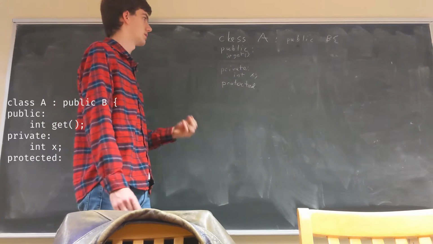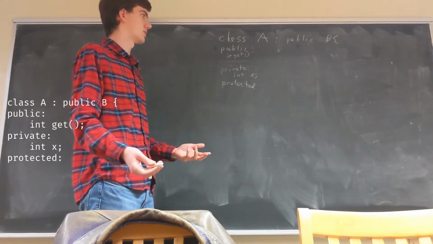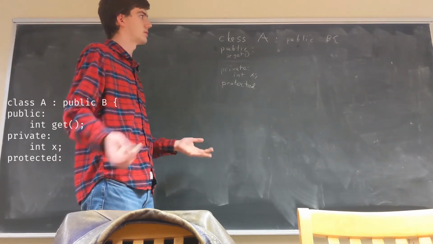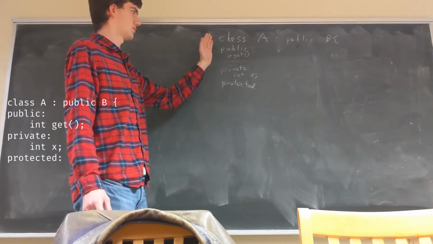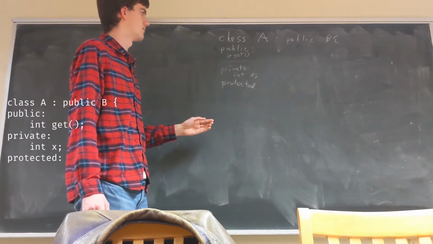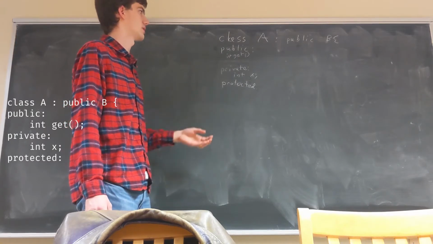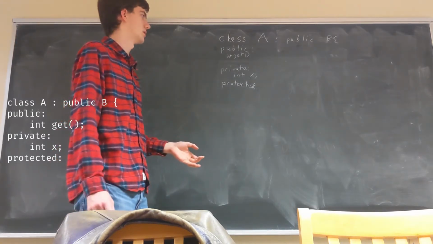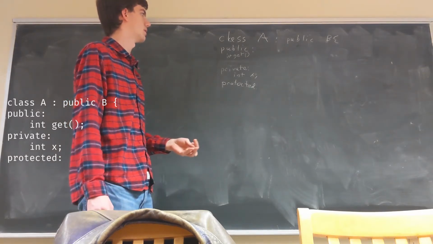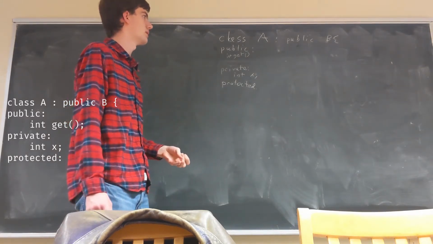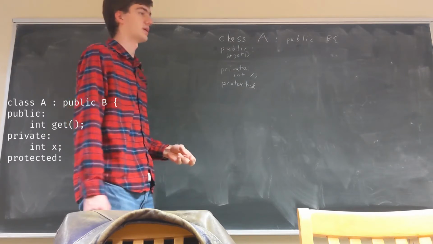You can use a struct anywhere where you can use a class, and they're basically treated as the same, except that when you're defining it, the difference is the default access level for members and for inheritance. That's the only difference.